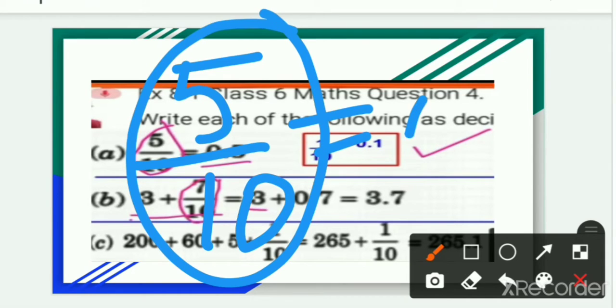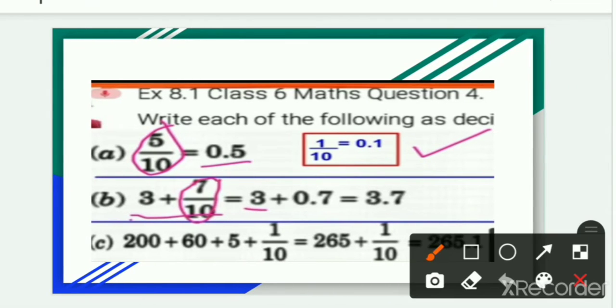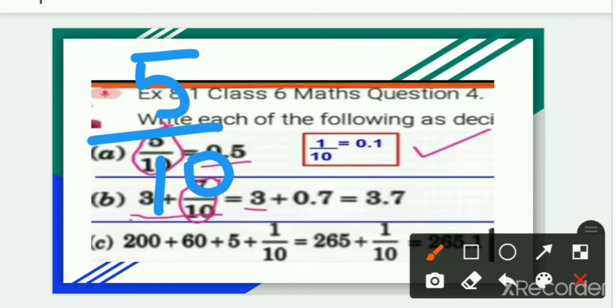Decimal means just a point like this. So how will you represent it? It is very easy, a short trick: you divide 5 by 10.